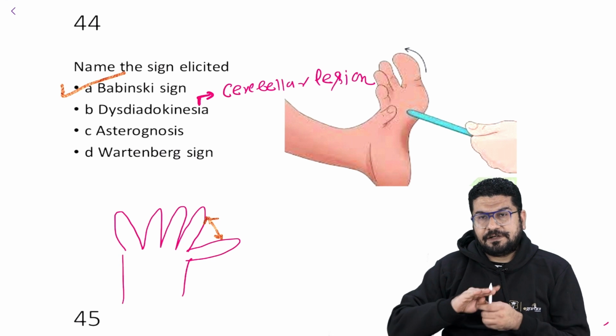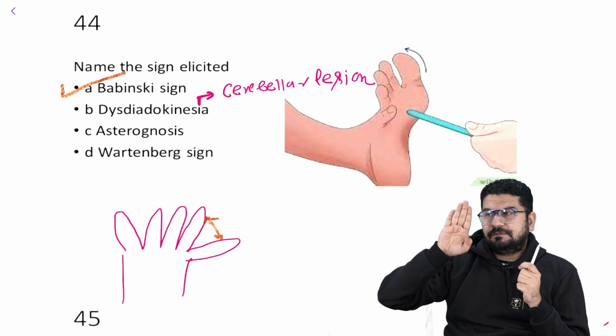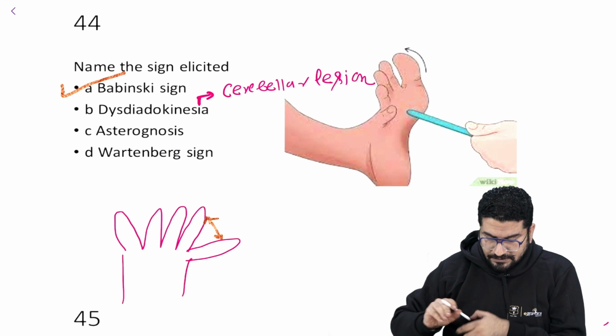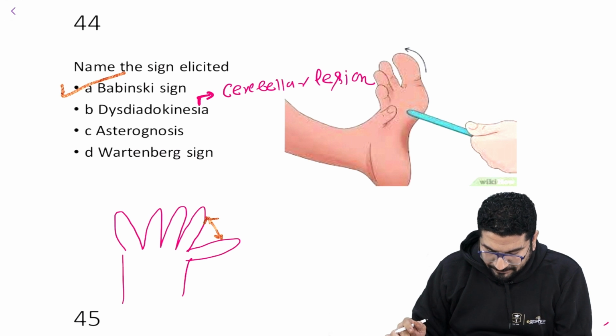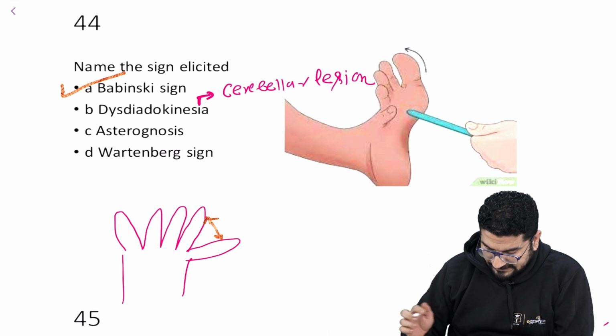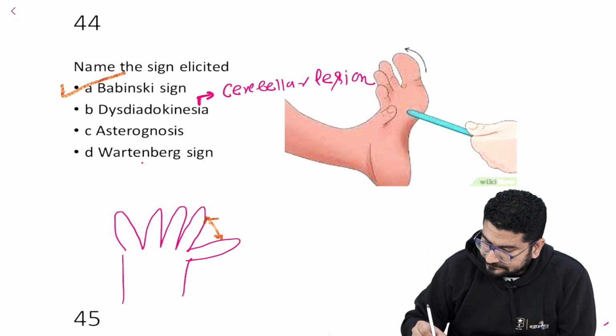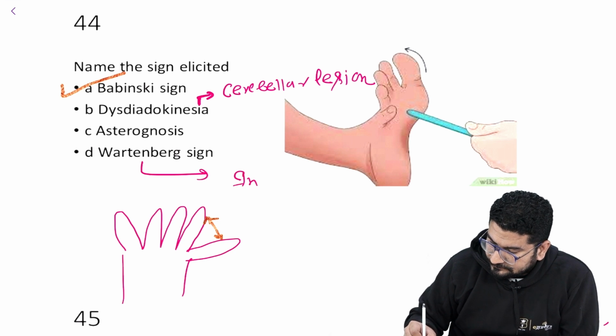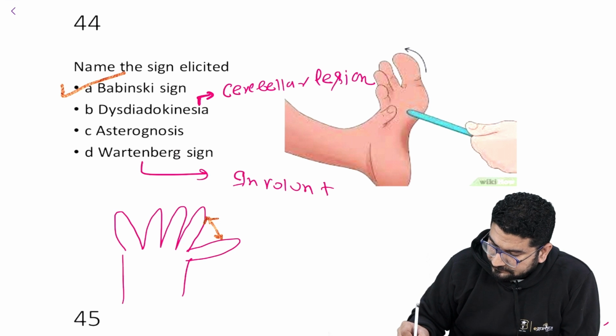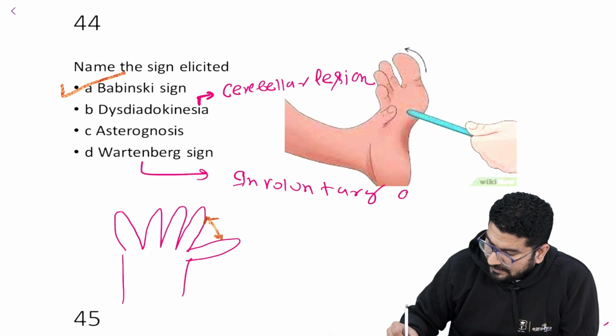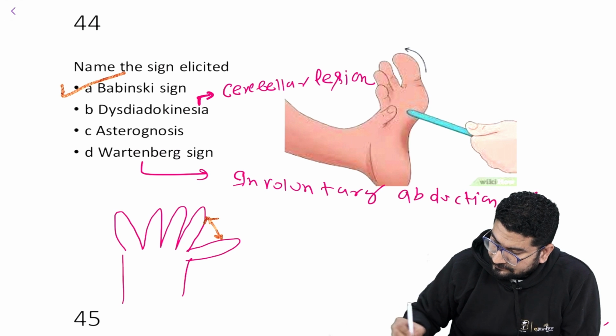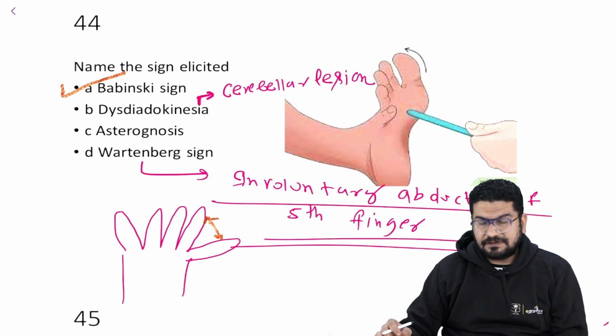Automatically you can see the fingers will be like this, right? Involuntary separation. This is because of unopposed action of your extensor digiti minimi. Involuntary abduction of the fifth finger, right? This is what we call Wartenberg sign.